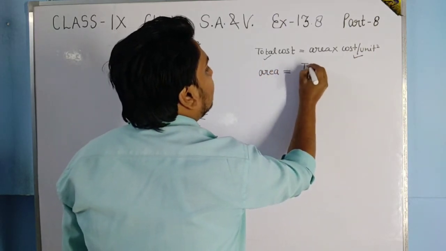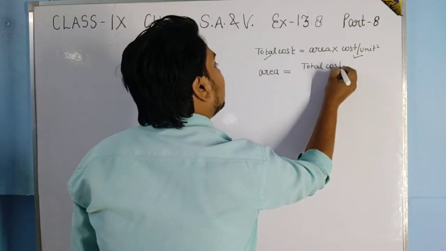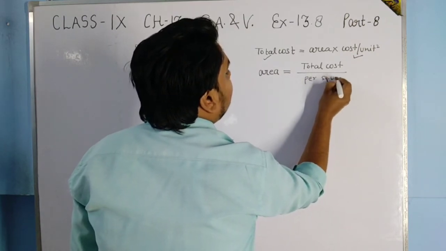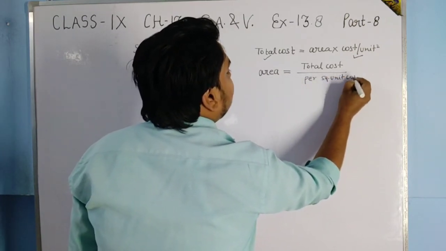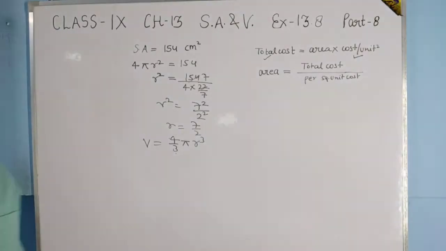From this formula we are finding the area. Area will be total cost upon cost per unit square. So from this relation you will first find the area.